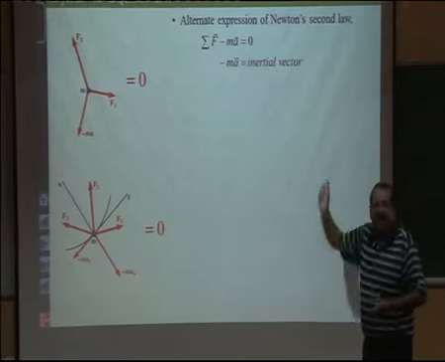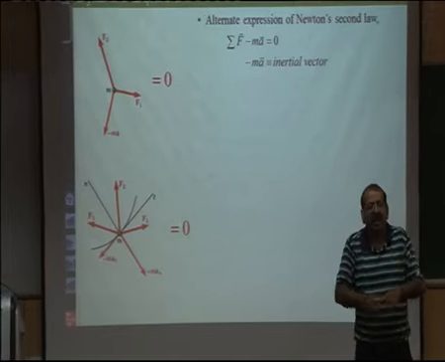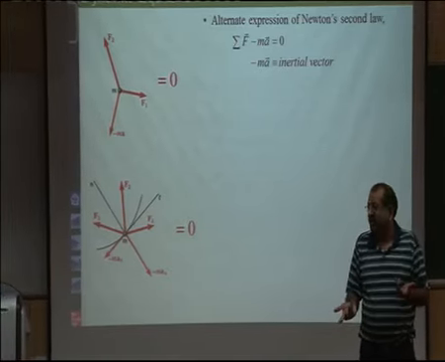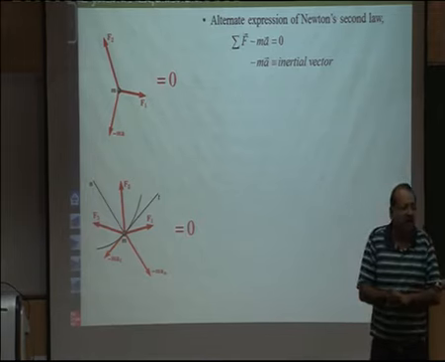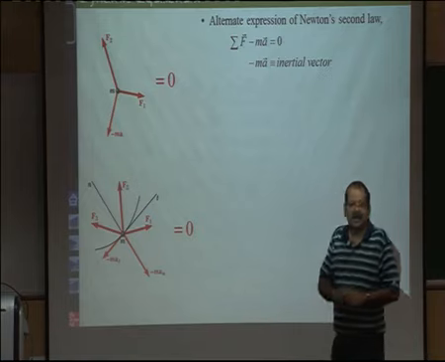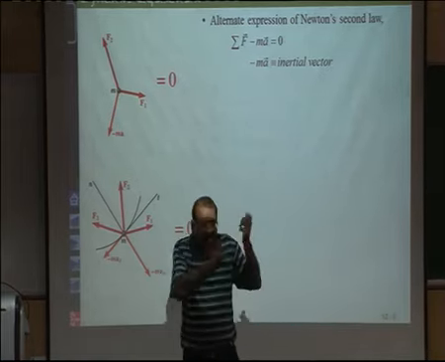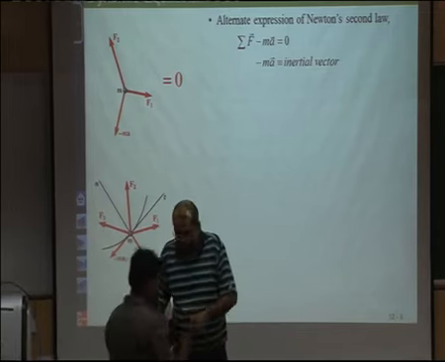We say we can treat minus ma as another force, and then we say the sum of all the forces is equal to 0. So this again became an equation of statics. This minus ma is what is referred to as either a pseudo force, an inertia vector, or inertia force.